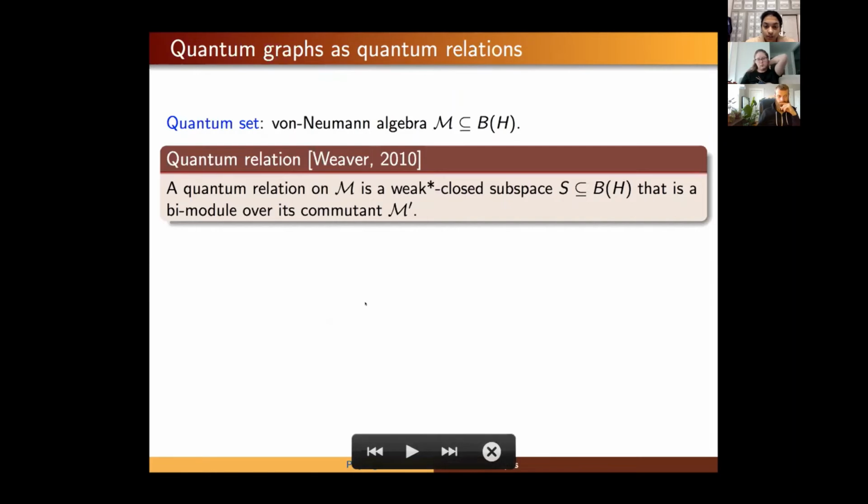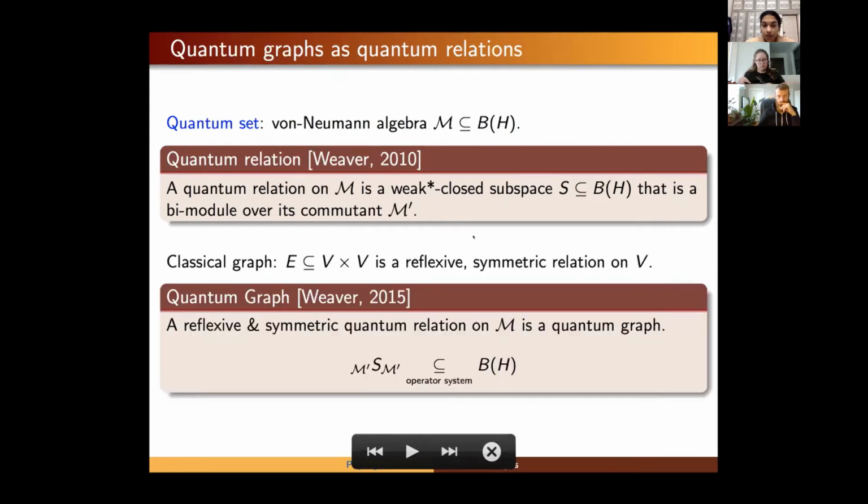If you begin with just a finite set X and look at the quantum relations on L infinity of X, then you can see that there's a one-to-one correspondence between those quantum relations and the subsets of X cross X, namely classical relations on X. So that's how this definition was motivated.